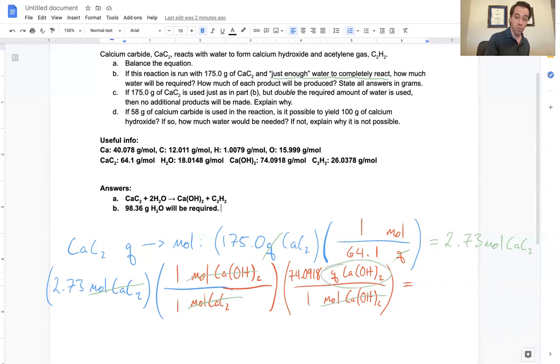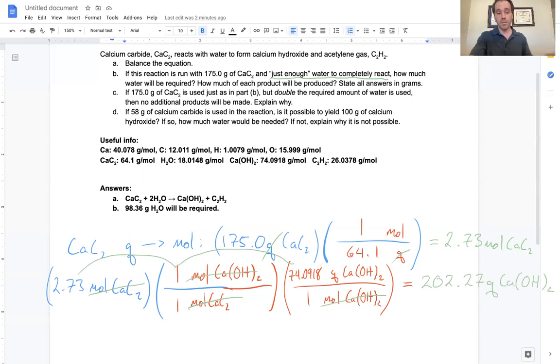It ends up being grams of calcium hydroxide. So 2.73 times 1 and then times 74.0918 divided by 1 and then divided by 1. Well, I don't really need to do any division. So it's just 2.73 times 74.0918, which is 202.27 grams of calcium hydroxide.